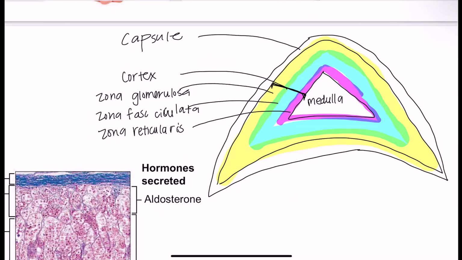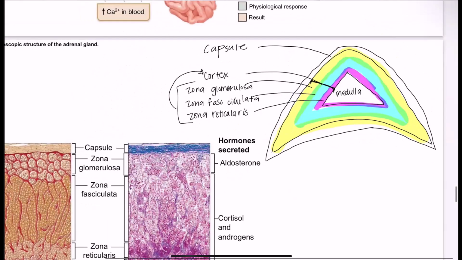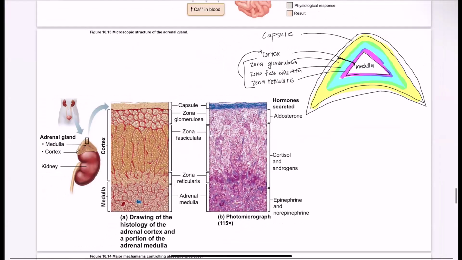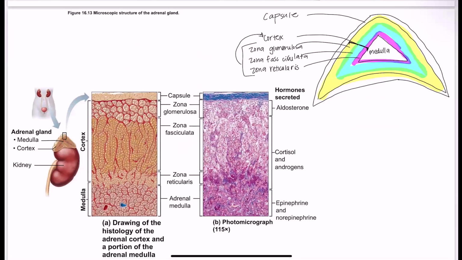Each of those zonas has its own hormone type or hormone class that it produces. And the hormone types that each of these zonas produce all end in this word corticoid, referring to the cortex.